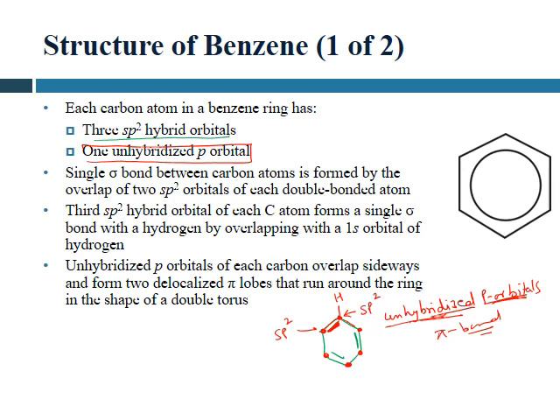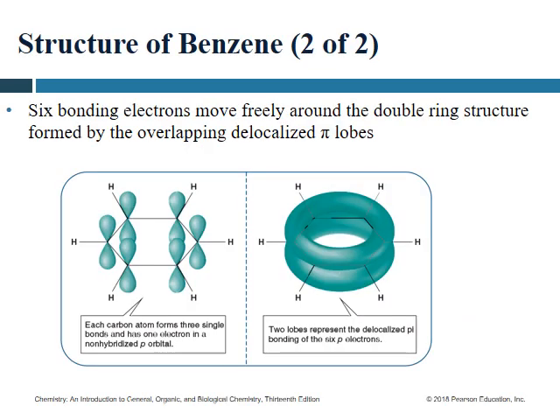So if we go to the next slide, you will better understand what I am talking about, right? So this is the carbon. This is 6 carbon, 1 2 3 4 5 6, and this is a benzene, 6 carbon, single bond, and one of the bonds is with hydrogen, right?